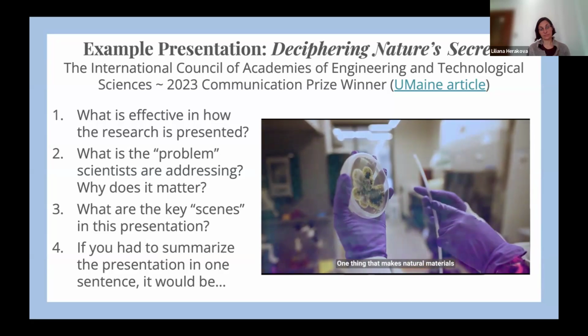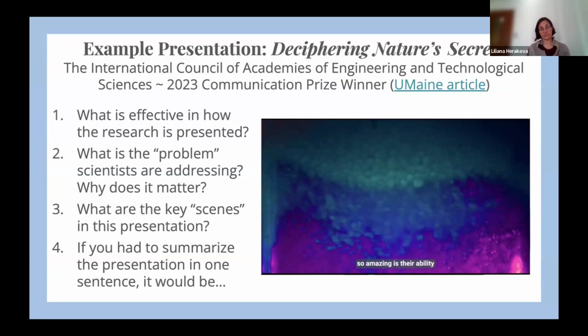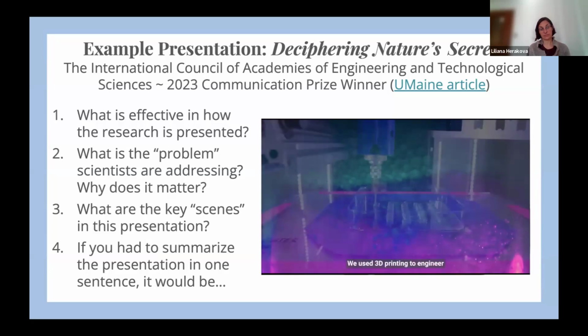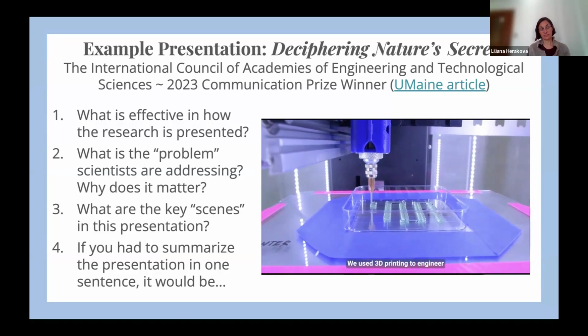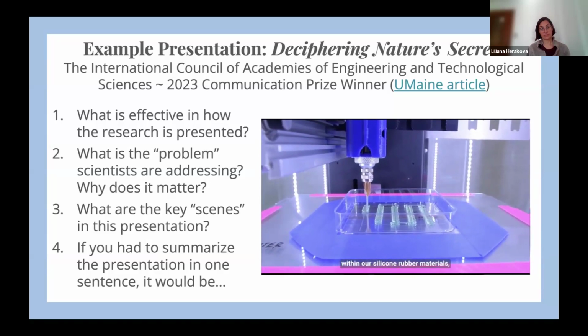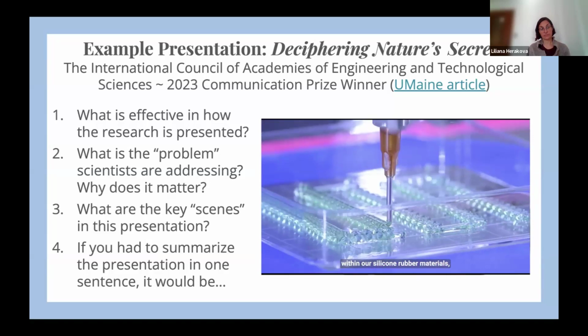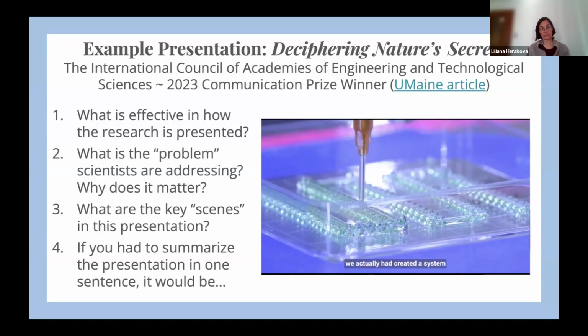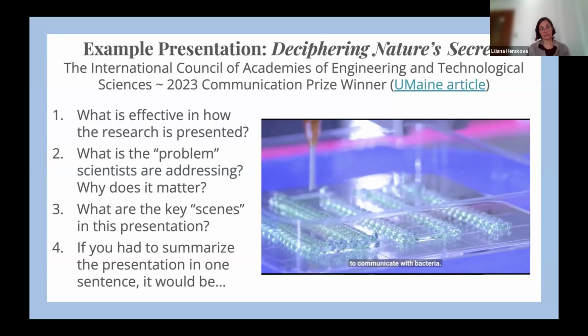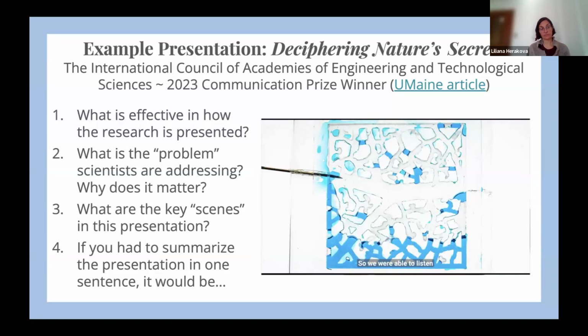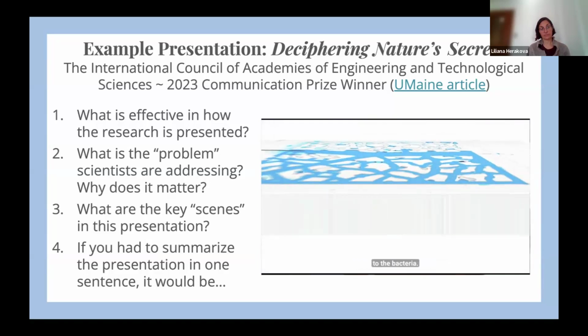One thing that makes natural materials so amazing is their ability to change and adapt. We used 3D printing to engineer a vascular network within our silicone rubber materials. And we found we actually had created a system that would allow us to communicate with bacteria. So we were able to listen to the bacteria.